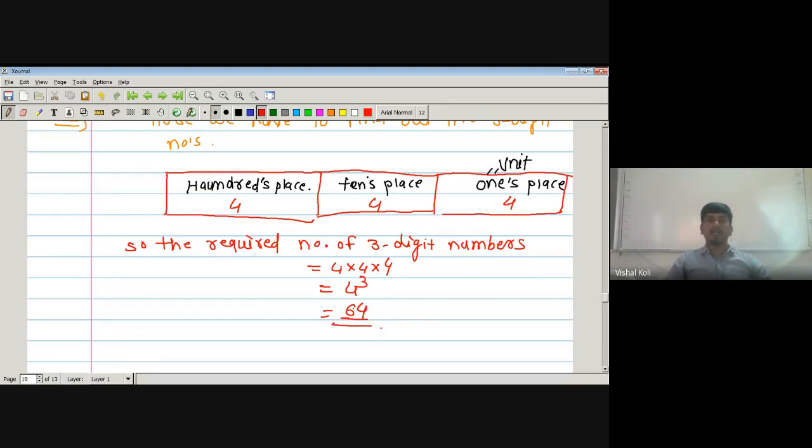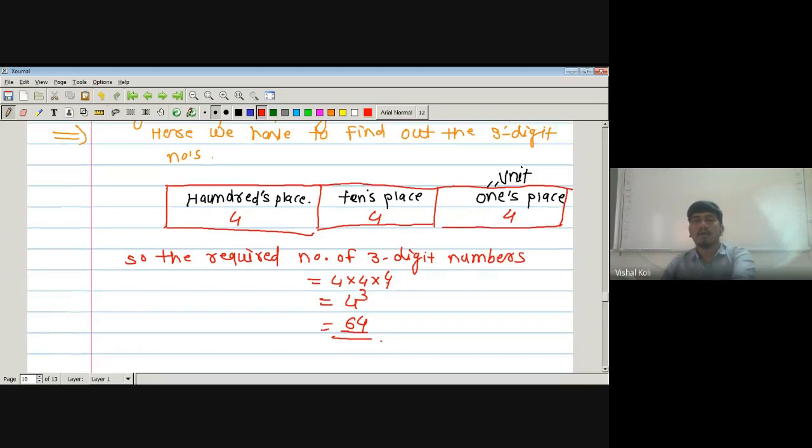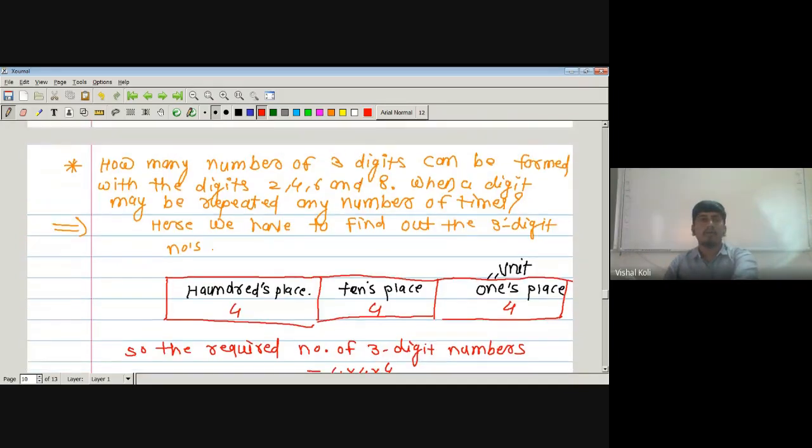So this many numbers can be formed by using the 4 digits.